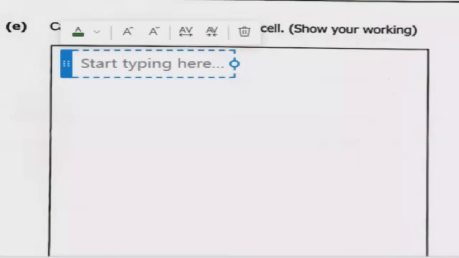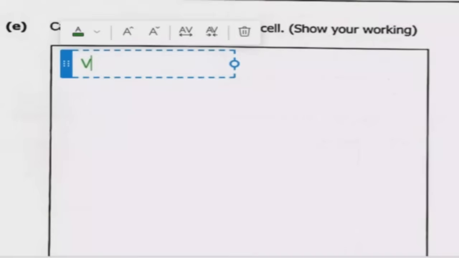We are asked to calculate the voltage value of one cell. So what we can do is first we find the voltage of the entire circuit, then we divide by 3 cells.